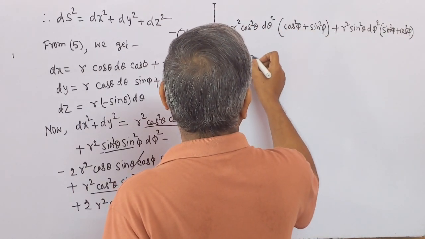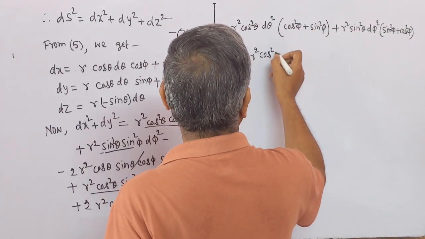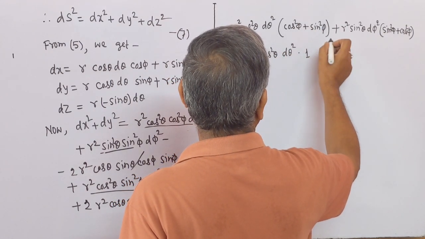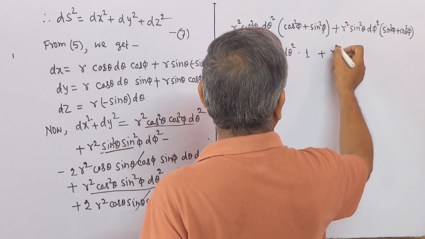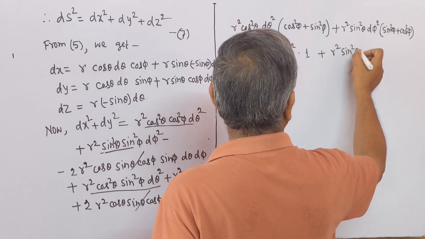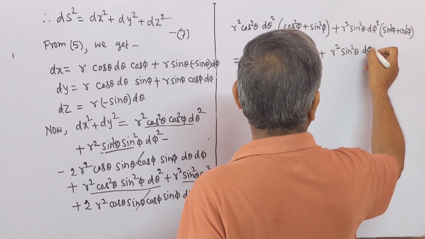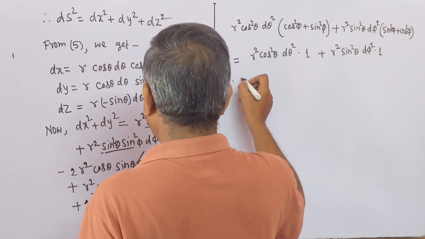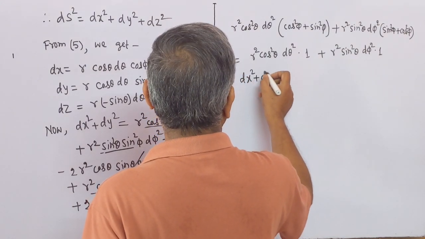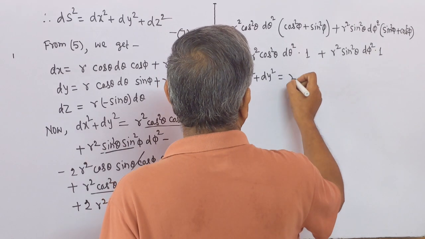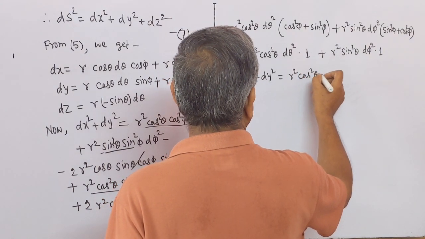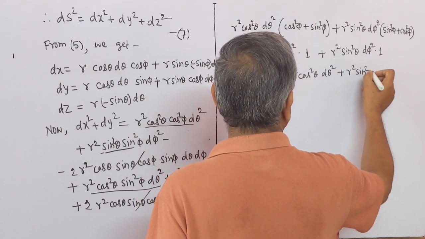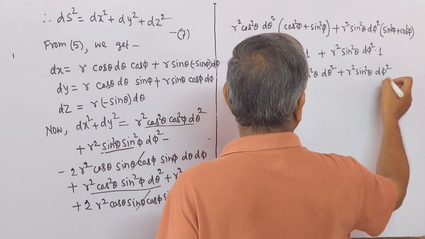This equals r square cos square theta d theta square, where cos square phi plus sin square phi is 1, plus r square sin square theta d phi square, and this is 1. Therefore dx square plus dy square equal to r square cos square theta d theta square plus r square sin square theta d phi square. This is number 8.